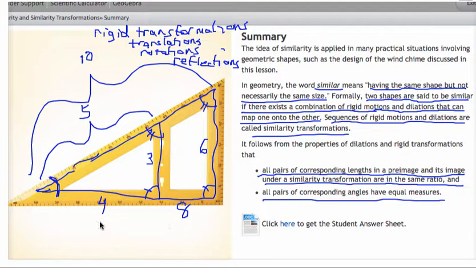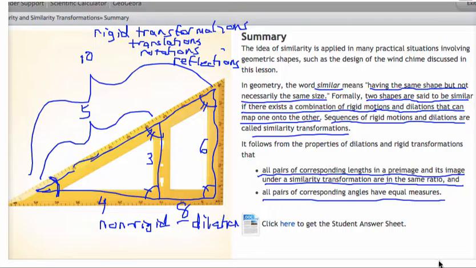And a non-rigid transformation is a dilation. Dilations preserve shape but not size. So a dilation will preserve angle measures but not necessarily side lengths.